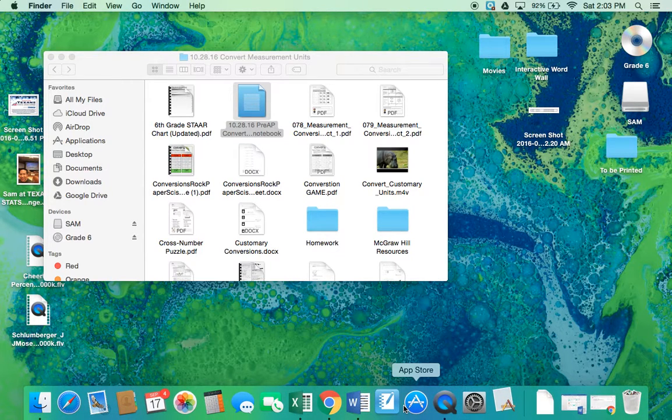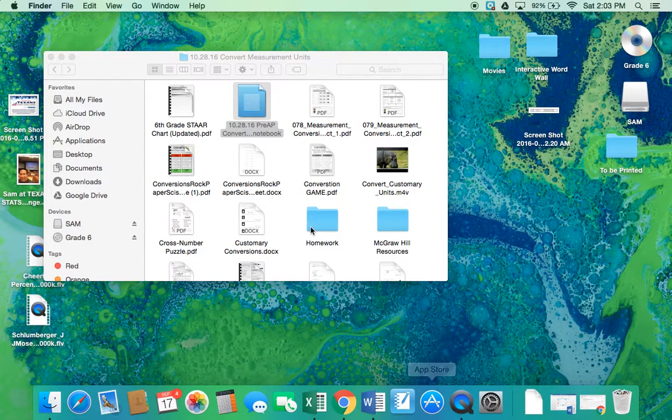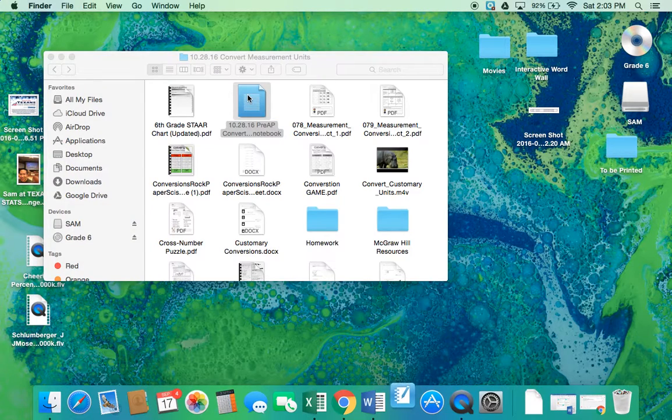Oh no. Let's reload that again. So as we're waiting, it says 1 liter turns into 1,000. What do we multiply by? By 1,000.